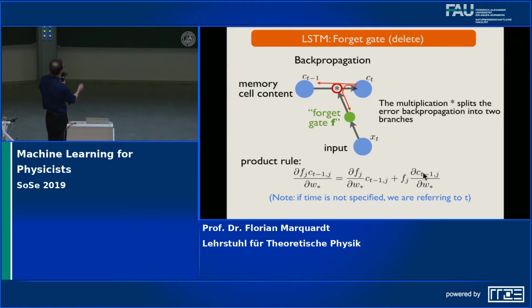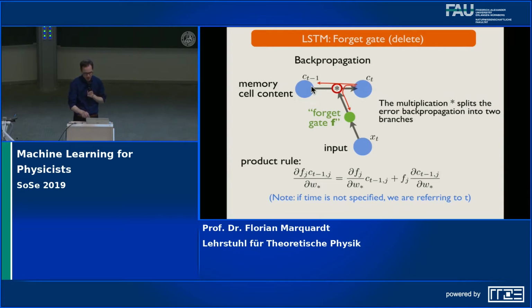So that means in a graphical language, I split my backpropagation into two paths. One will propagate down the network here, down towards these other arrows that may contain some interesting weights, and one path goes just back in time. But that's okay, and in fact this can be handled by backpropagation, and as usual these days you don't even need to implement this yourself, because something like Keras or TensorFlow will do it for you.